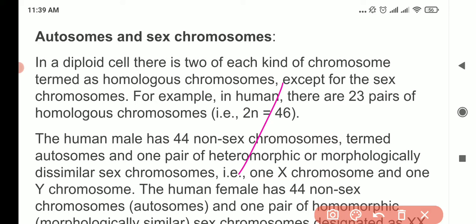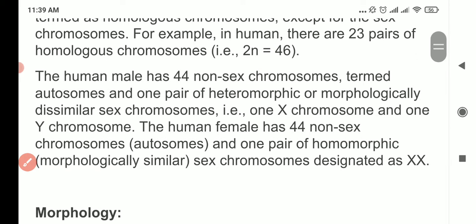The human male has 44 non-sex chromosomes termed autosomes and one pair of heteromorphic, or morphologically dissimilar, sex chromosomes, that is one X chromosome and one Y chromosome. And the female has 44 autosomes and one pair of homomorphic, that is similar looking, sex chromosomes designated as XX. So this is easy enough.